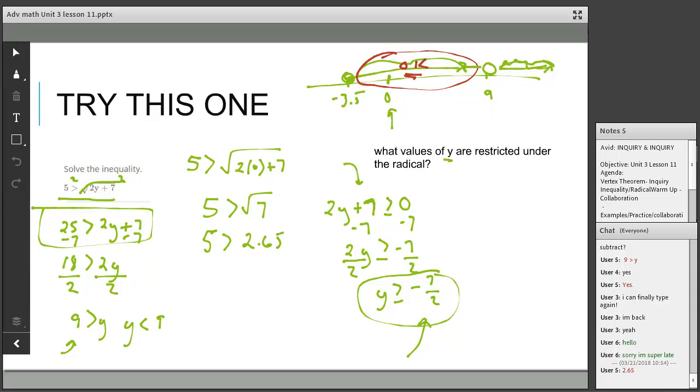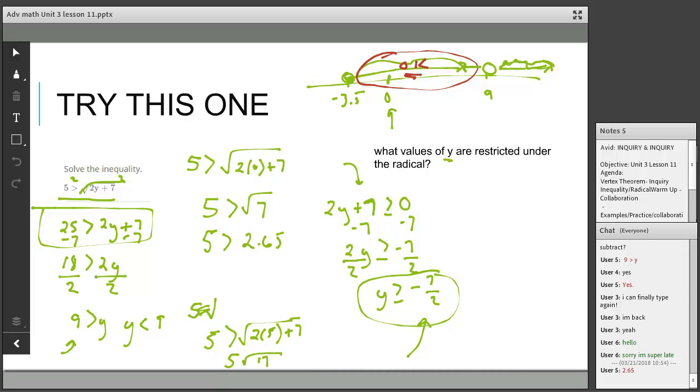We could pick any value less than 9 to test that. Let's pick something like, I don't know, 5 maybe. So we put it back in the equation. 5 is greater than the square root of 2 times 5 plus 7.